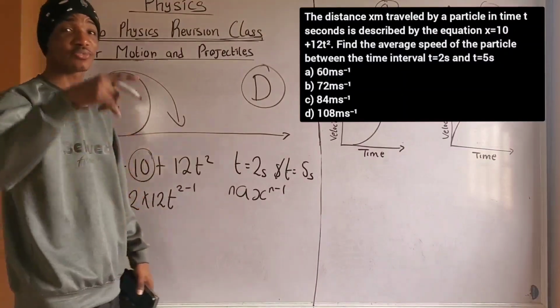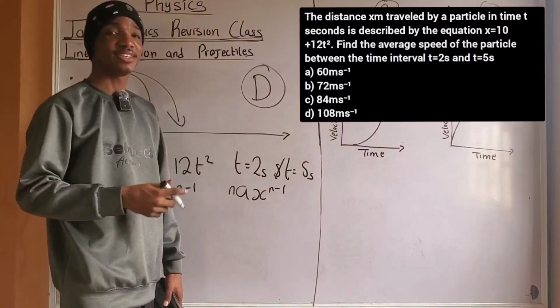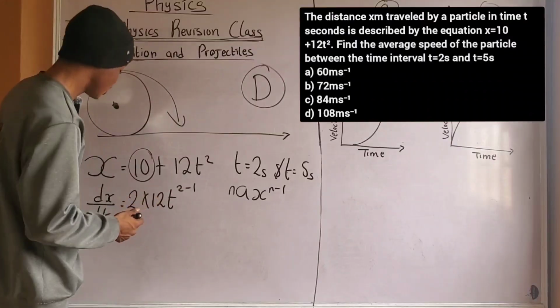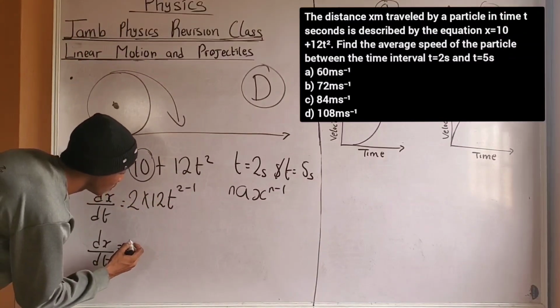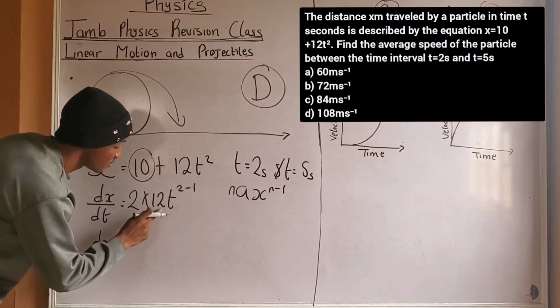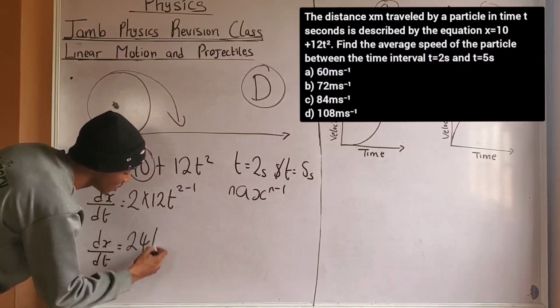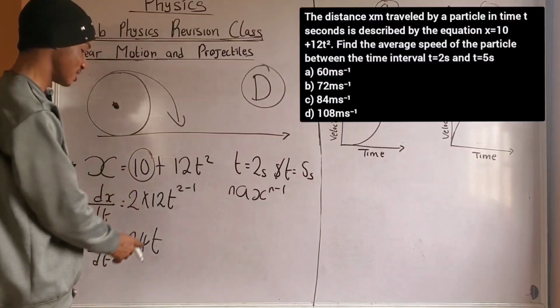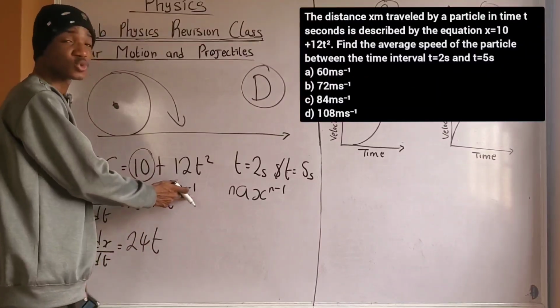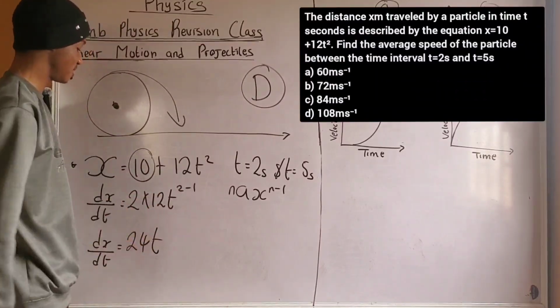If you want to learn more on differential calculus, you can check the link in the description of this video. So here I'm going to have dx over dt equals 2 times 12, that is 24t, because t raised to the power of 2 minus 1 will give me t.